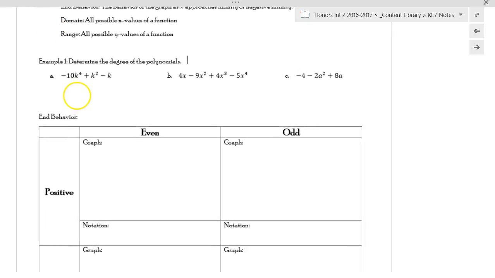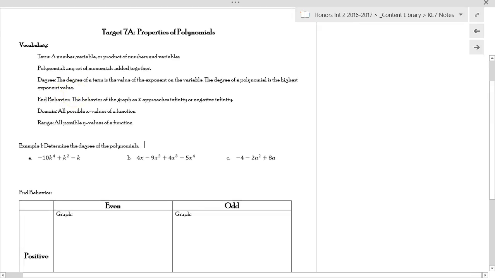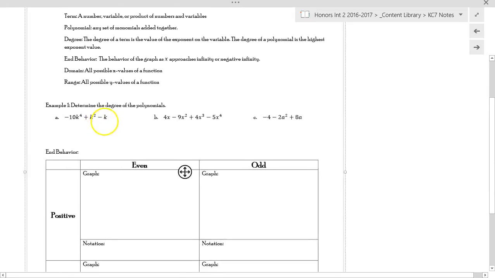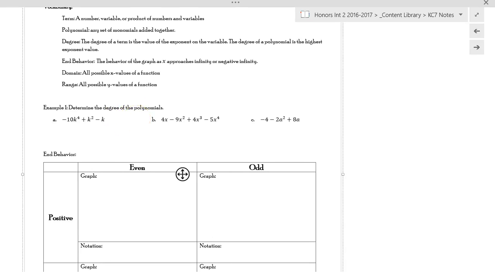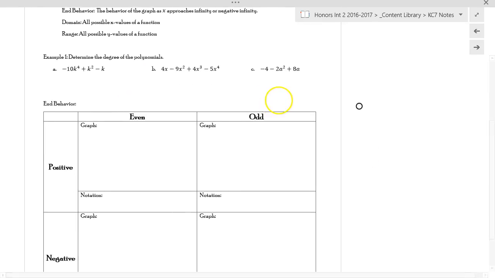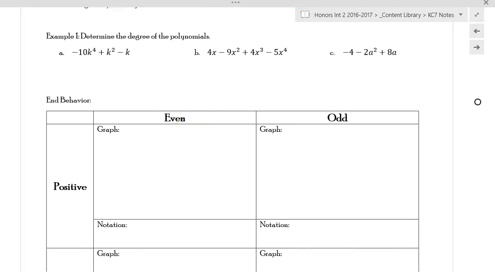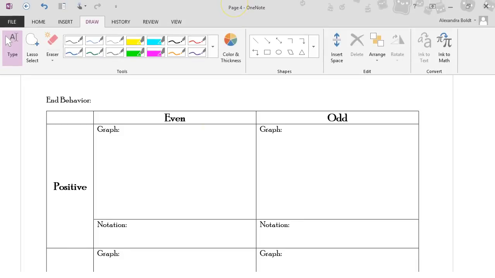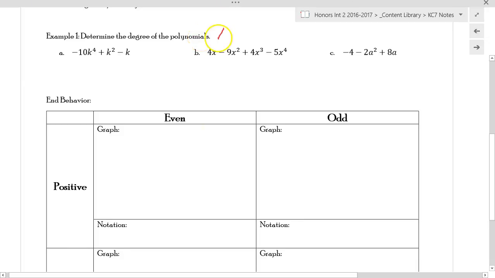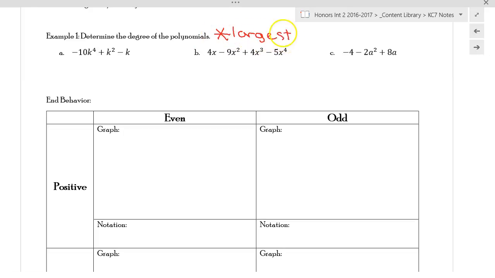Example 1. Determine the degree of the polynomials. Negative 10k to the fourth plus k squared minus k. For these examples, all we're looking for is the largest exponent. Okay?